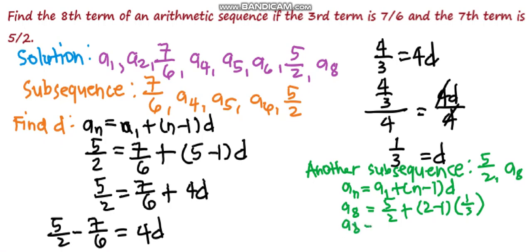So, a sub 8 natin is just 5 halves plus 2 minus 1 is 1 times 1/3, 1/3. So, let's add. A sub 8 natin is 5 halves plus 1/3. So, that is 17 over 6.